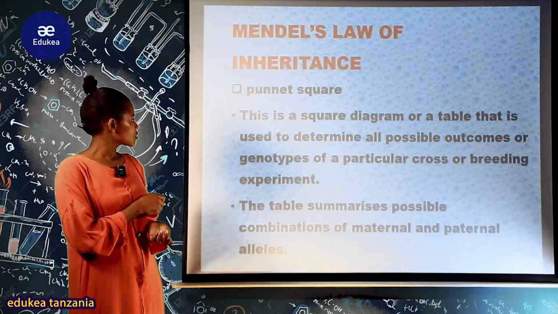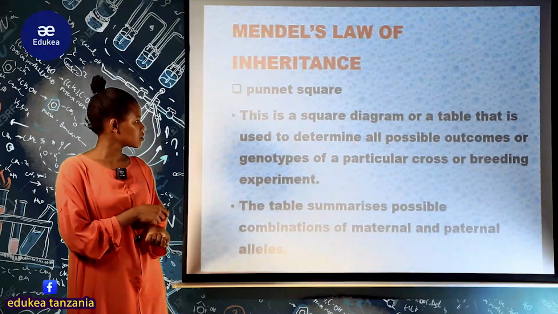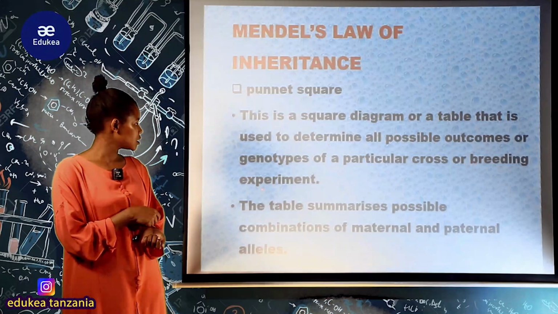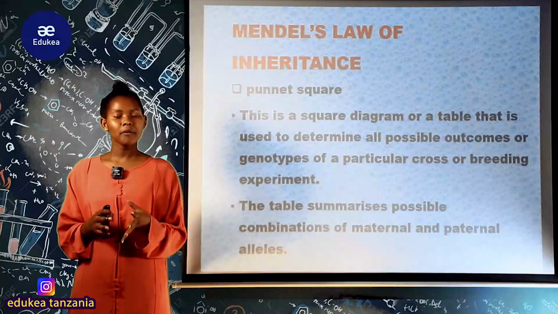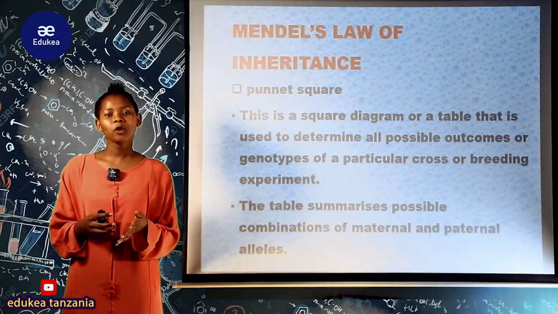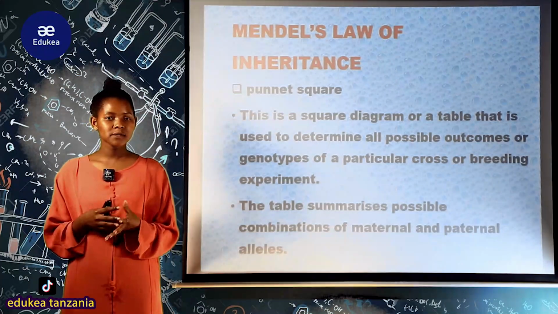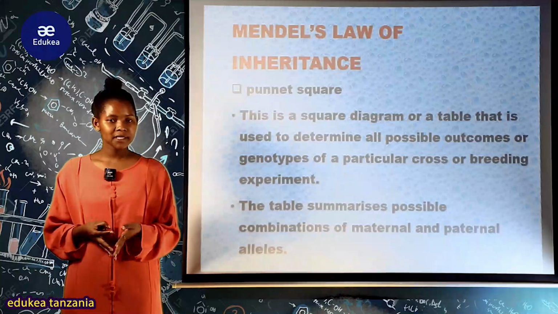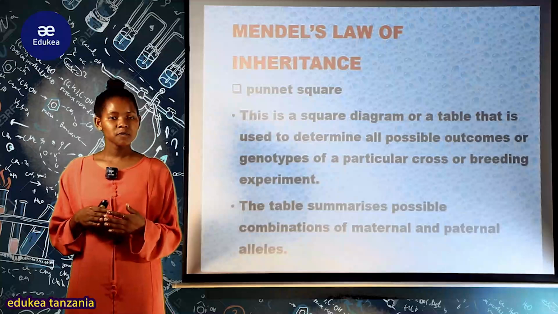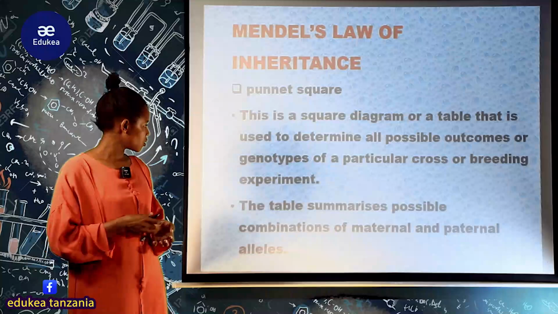Looking at the Punnett square, this is a square diagram or a table that is used to determine all possible outcomes of genotypes of a particular cross or breeding experiment. Hii ni table ambayo ipo kwa ajili ya kutusaidia kudetermine all possible genotypes kutoka kwenye crossing from different organisms for experiment purpose. Maybe unafanya experiment, unataka kujua possible genotypes zitakazojitokeza, unatumia Punnett square kuweza kutambua hilo.